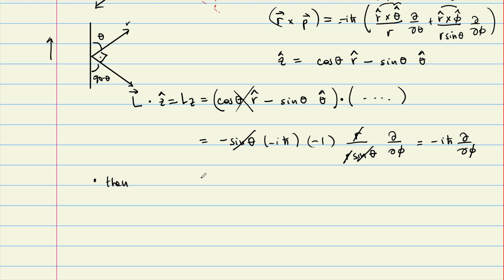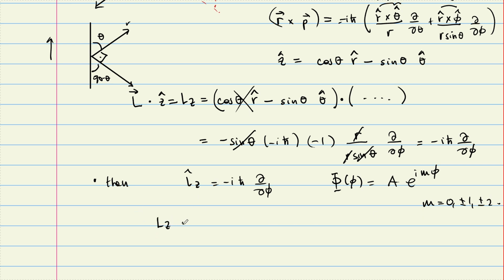Then LZ as an operator is minus I h bar del phi, and phi is this azimuthal coordinate, and let's act with LZ on the wave functions we found. The phi derivative is going to act on phi functions, and if you remember, we found this: a times e to the I m phi, and m was equal to 0, plus minus 1, plus minus 2, and so on.